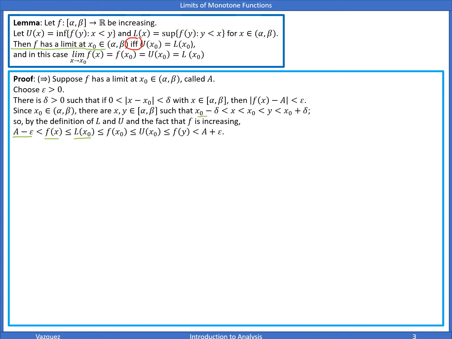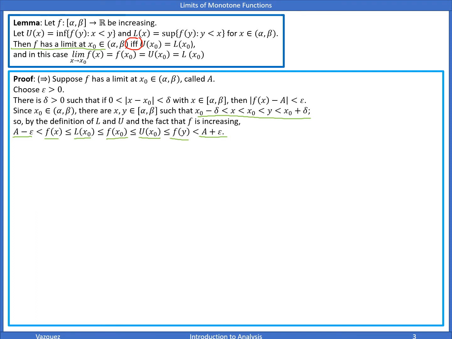We're just getting the image of the points up here, and that is less than or equal to f of x naught. That's less than or equal to the u of x naught, which is less than or equal to f of y, which is less than a plus epsilon.